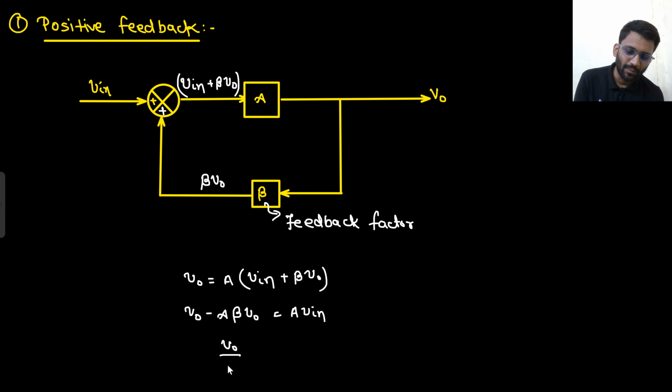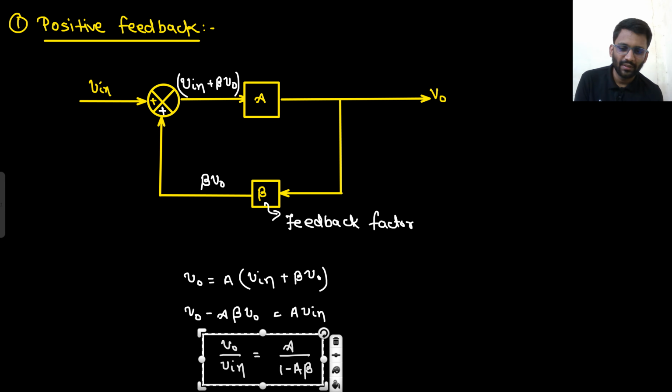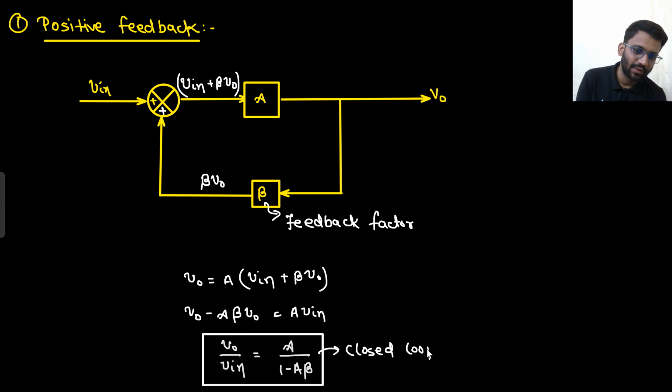So V naught by V in would be A upon 1 minus A beta. This is known as closed loop gain. So you derived this expression, A upon 1 minus A beta.